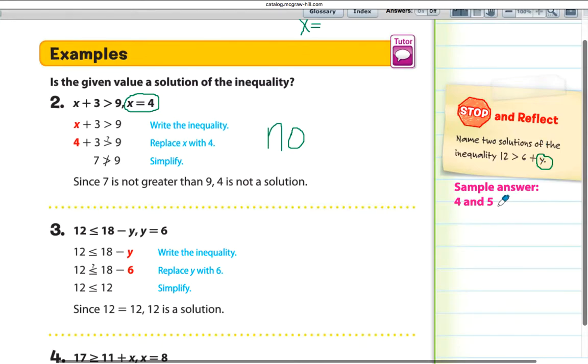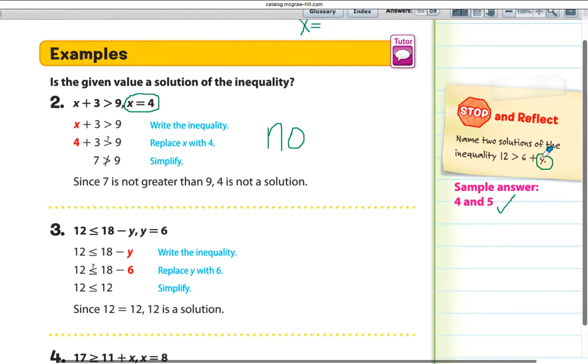So here's a sample answer for you. I could make the y a 4 because 6 plus 4 is 10 and 12 is greater than 10. We could also make the y a 5 because 12 is greater than 11.